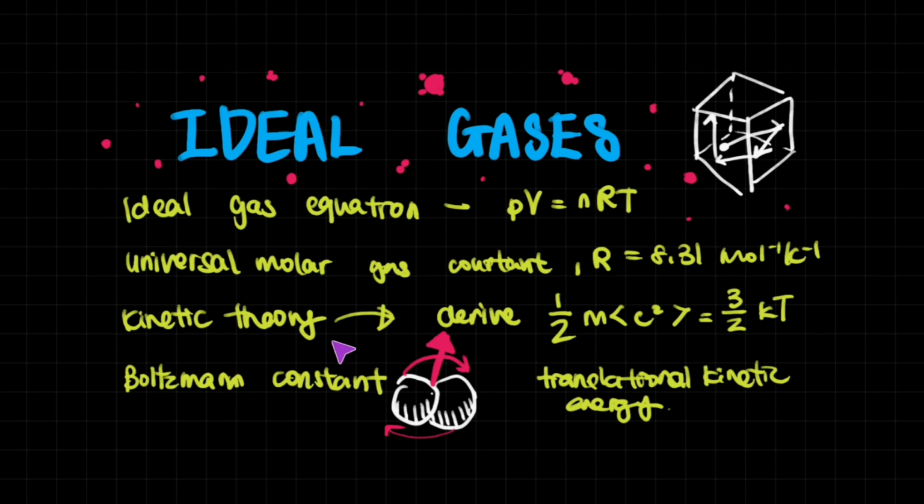We've talked about how we can link the kinetic molecular theory to macroscopic theories. We can derive this tiny microscopic one and link it to a macroscopic equation. And we can also get the Boltzmann constant. We've talked about what it was, and we've talked about mean translational kinetic energy, etc.